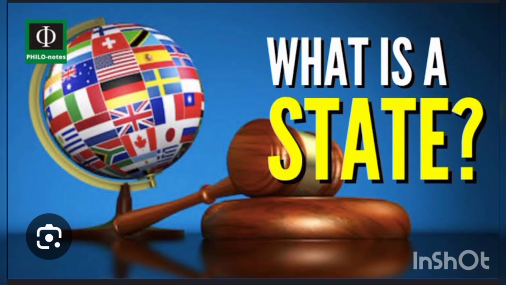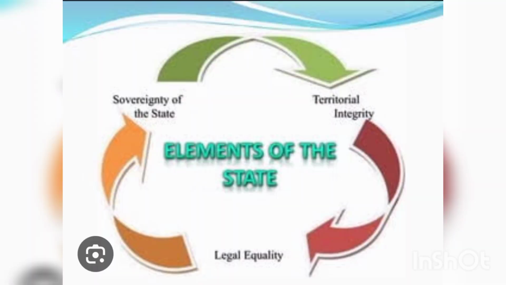For making a state, we need four elements. First we need a definite territory, that is the first element. Second, that territory should have a group of people, that is population. So population is the second element of the state, and that population or organized political community, that is the group of people, comes under one government.